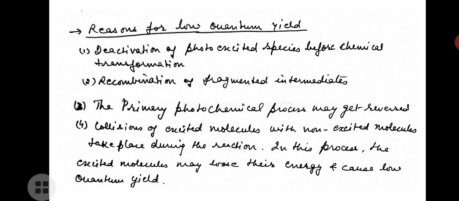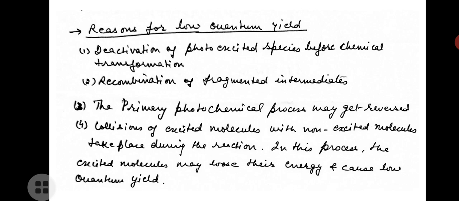Now the first reason is the deactivation of photoexcited species before chemical transformation. That is, the excited molecules may get deactivated before they form product. The next is recombination of fragmented intermediates.